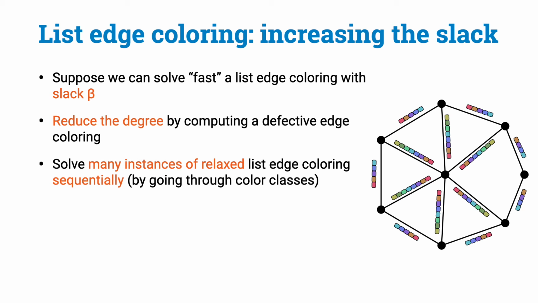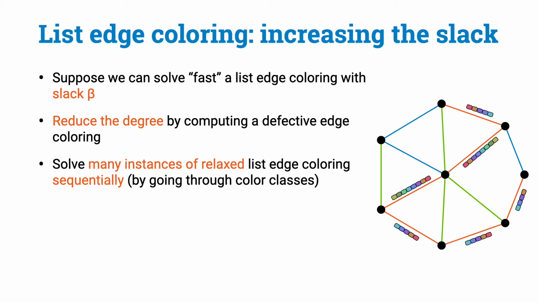So for example, this idea applied on the graph shown in the figure would look as follows. At first, we compute a defective edge coloring. In the example, we are using 3 colors. Then, consider the subgraph induced by the edges of color 1.